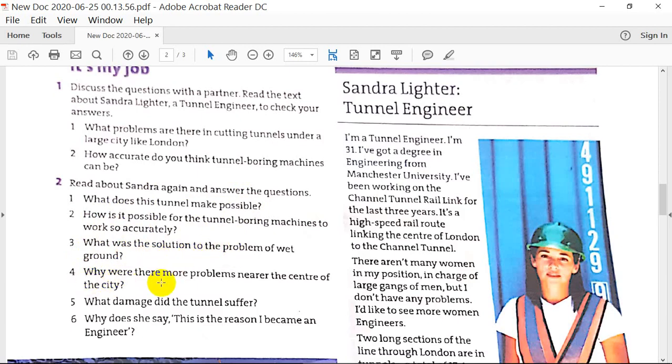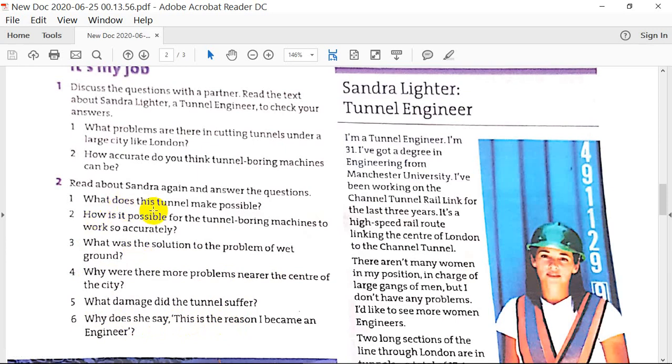Why were there more problems nearer the center of the city? What damage did the tunnel suffer? Why does she say this is the reason I became an engineer? Now, question number 1 means what?